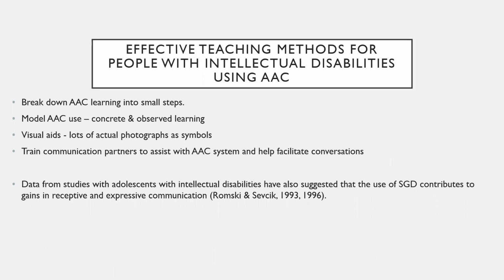Once the individual has mastered one step, then we introduce the next step. And this is a progressive, stepwise learning approach. It's really the main characteristic of many different learning models, but the only difference here when we're thinking about people who have intellectual disabilities is the number and size of the sequential steps.